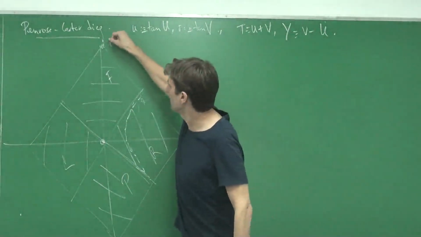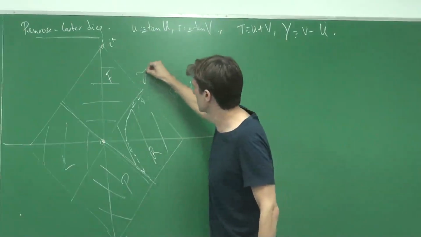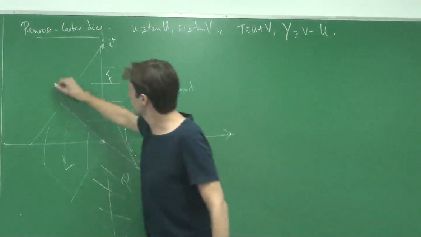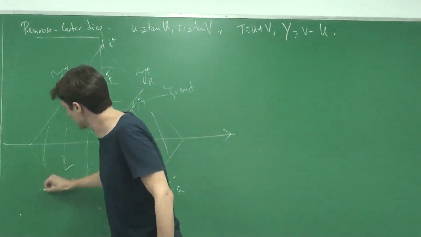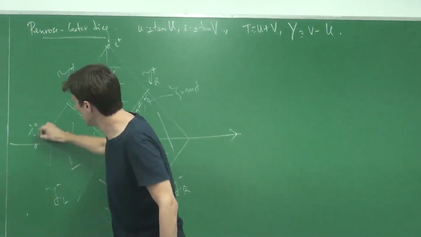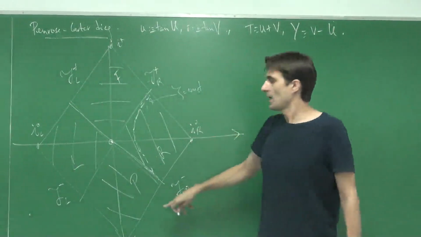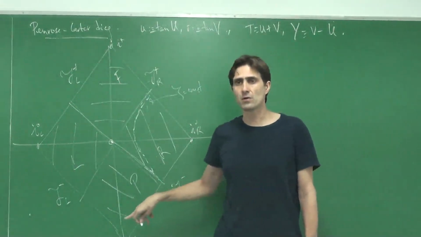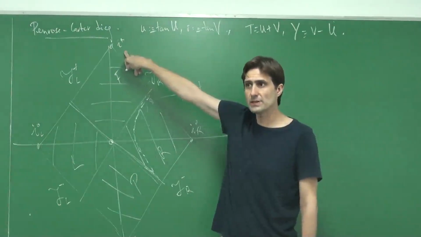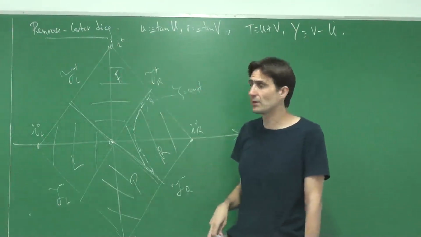This would be I plus, this would be I minus, this would be scri plus right, scri minus right, scri plus left, scri minus left, I0 left, I0 right. Not all time-like world lines end up at I plus. Time-like geodesics do end up at I plus.